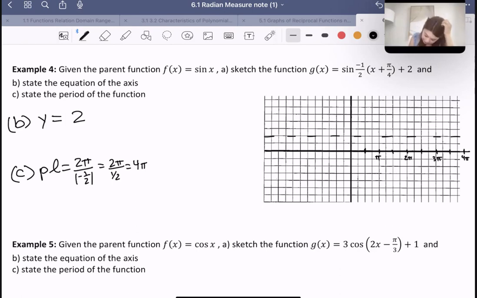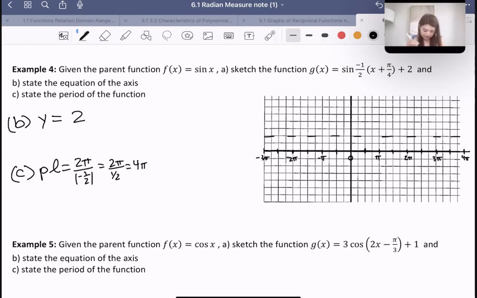And then same thing with here. We have negative pi, negative 2 pi, and then negative 3 pi. Oh no, that's not right. Negative 3 pi wouldn't be till here. Awesome. Very good.